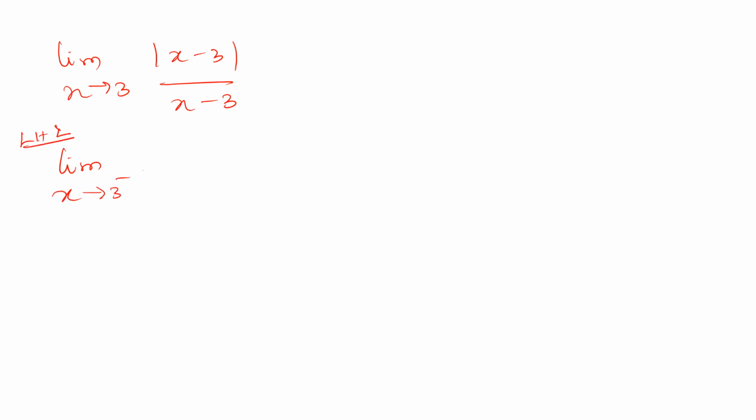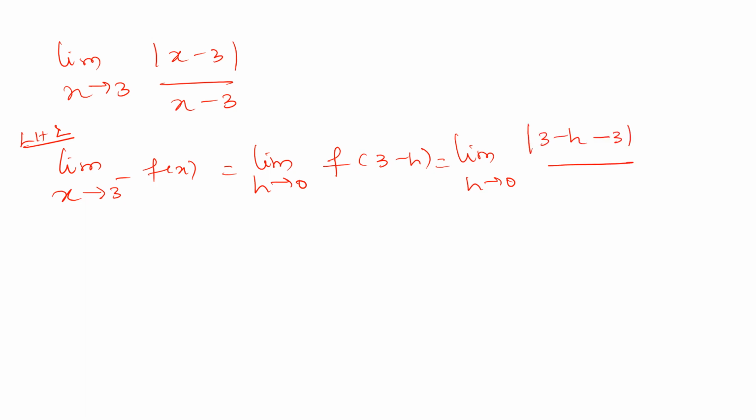Next problem: limit x tends to 3 of mod of x minus 3 divided by x minus 3. Similarly, you can approach finding LHL. Limit x tends to 3 minus of f of x is limit h tends to 0 of f of 3 minus h, which is limit h tends to 0 of modulus of 3 minus h minus 3 divided by 3 minus h minus 3.